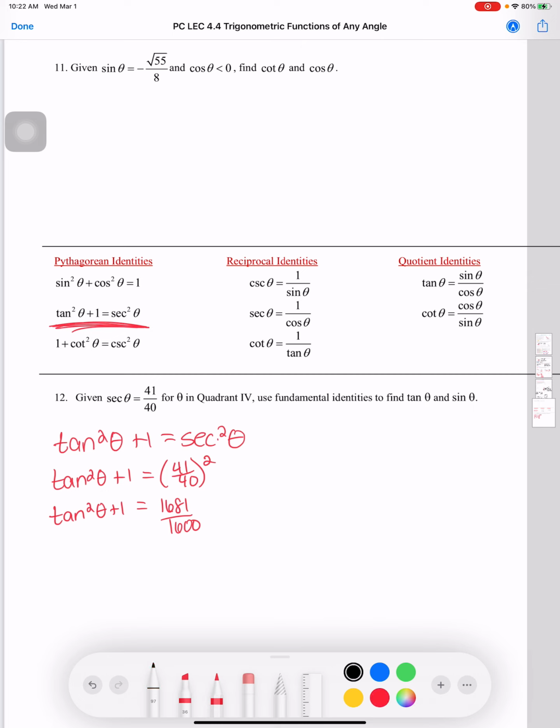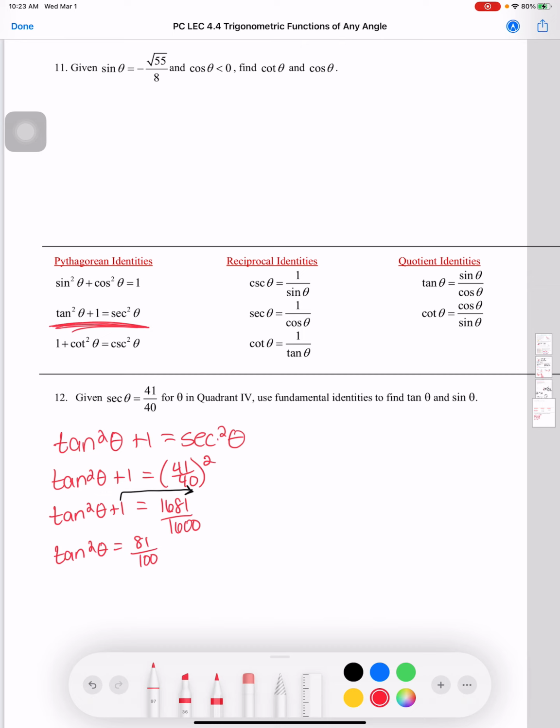Move that 1 to the other side: tan squared theta is equal to 1681 over 1600 minus 1, which gives 81 over 100.